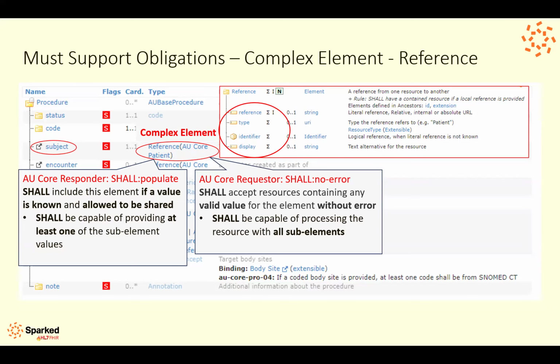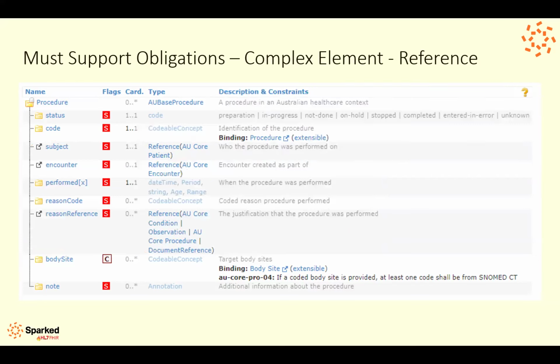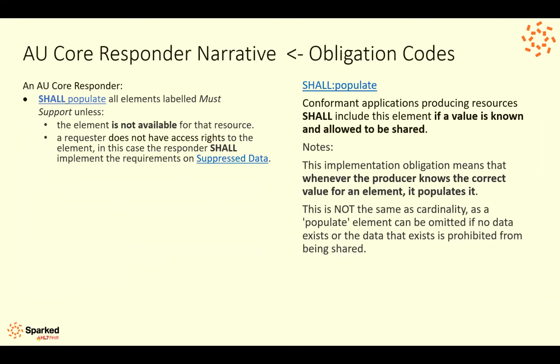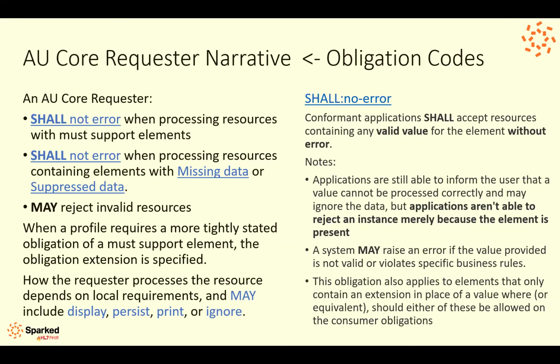If we read the rest of the description, because obviously we've taken an extract of no error, it does say that applications are able to inform the user that a value cannot be processed correctly and may ignore the data. And so they just aren't able to reject an instance merely because it's present. Correct.